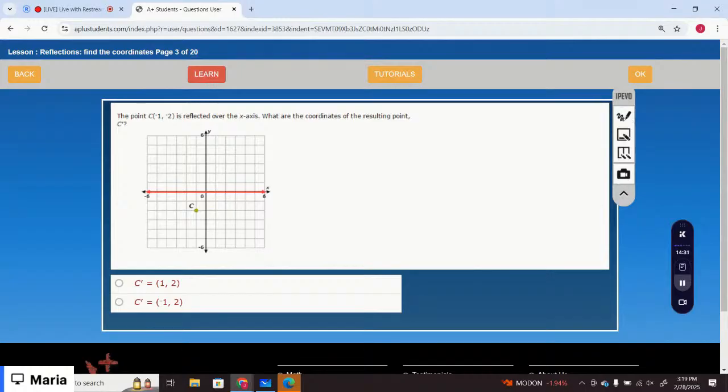The point C (-1, -2) is reflected over the x-axis. What are the coordinates of the resulting point C dash?